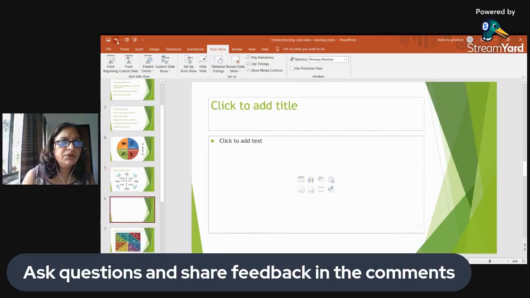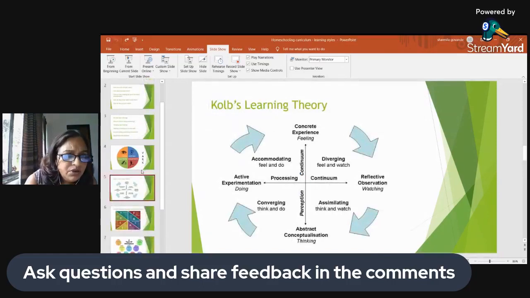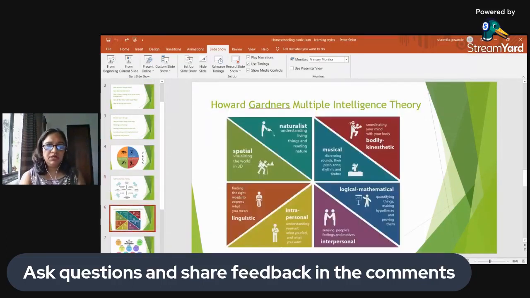What Howard Gardner is talking about is the ability to learn. So you have an intelligence to learn in a particular way. He's not talking about the style in which you learn. So he's not talking about how you learn.